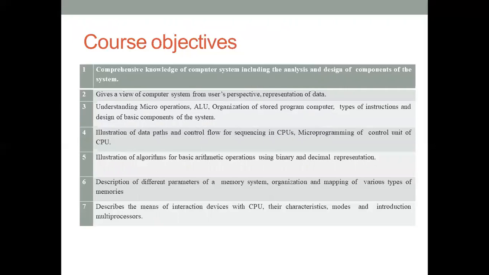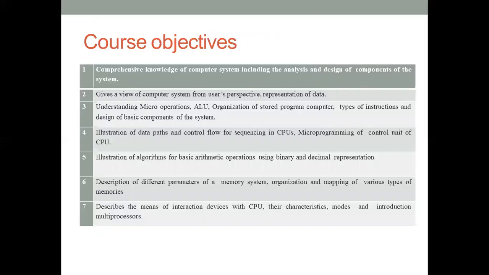If you take a computer, there are several components present inside it, and we'll be able to learn about those components. The second objective is that it gives us a view of the computer system from the user's perspective. That means the one who is using the computer should know everything regarding what is inside the computer.